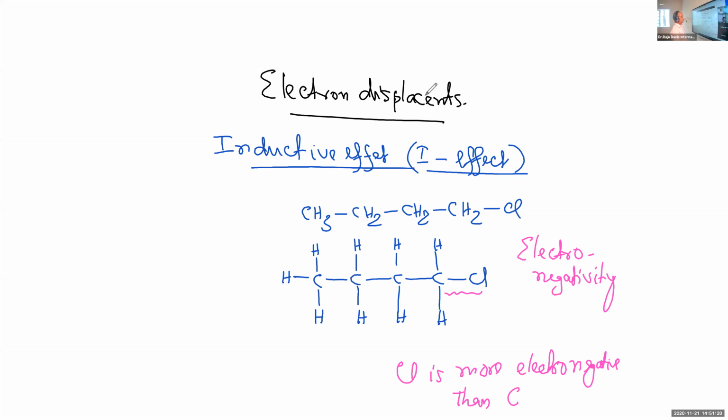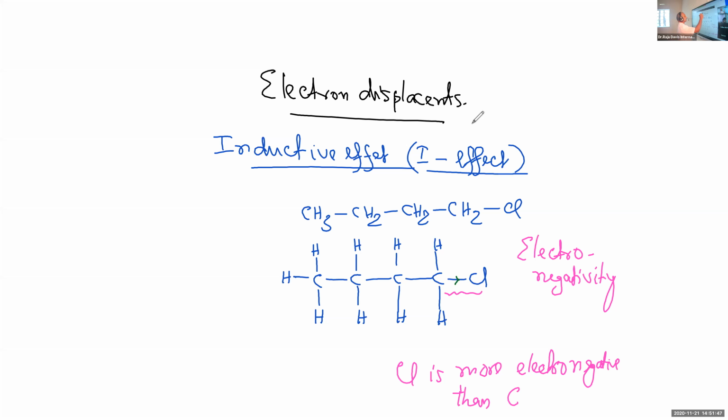So what happens to the electron pair present in the carbon-chlorine bond? Chlorine is more electronegative than carbon, and therefore the electron pair present in the carbon-chlorine bond is shifted towards the chlorine atom.